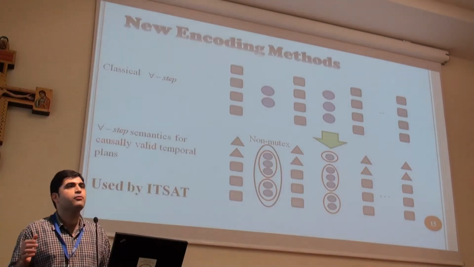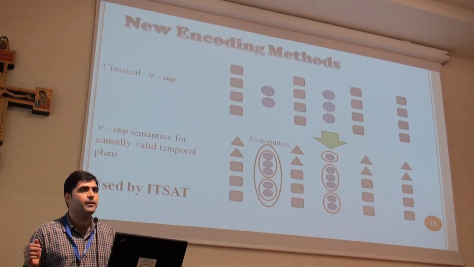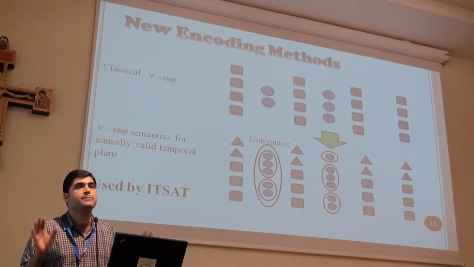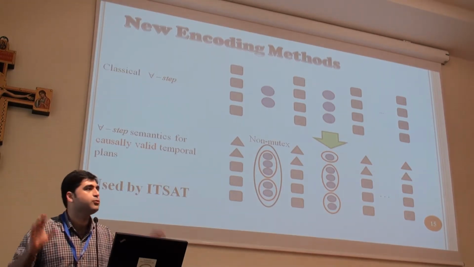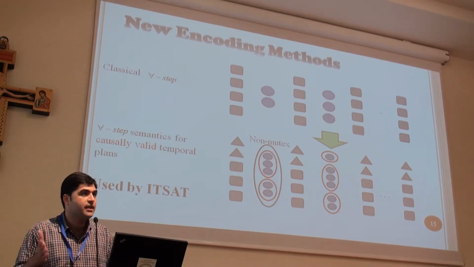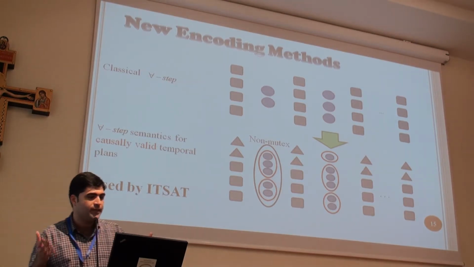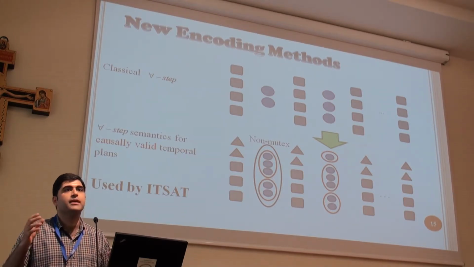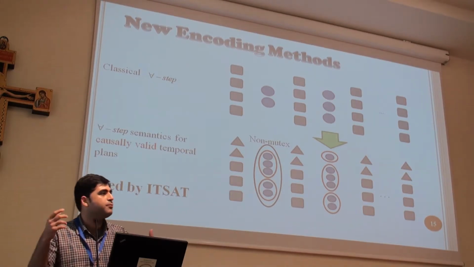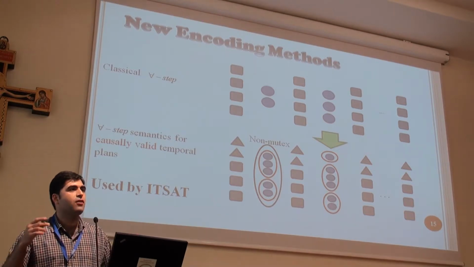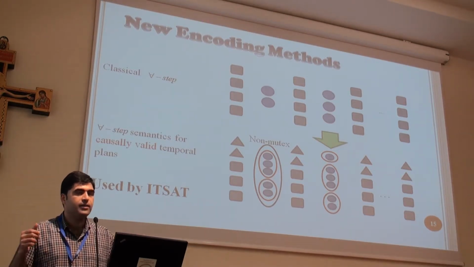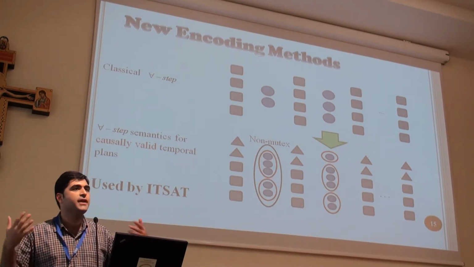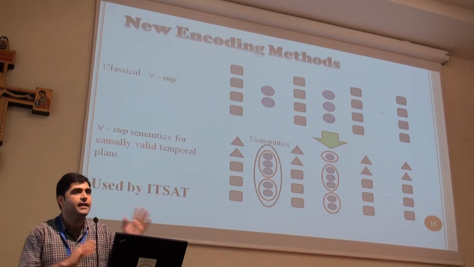We can have for-all semantics for temporal planning. This is possible now that we have abstracted out all the temporal constraints. It is now possible to have different time points, and in each of these time points different events can happen, but all of these events should be executable in any order.